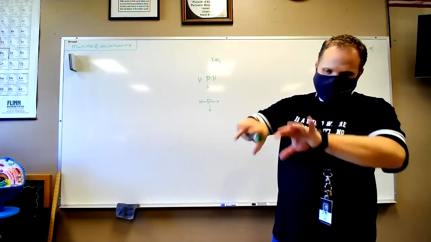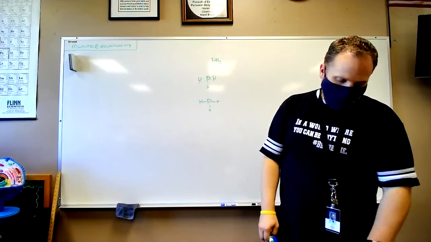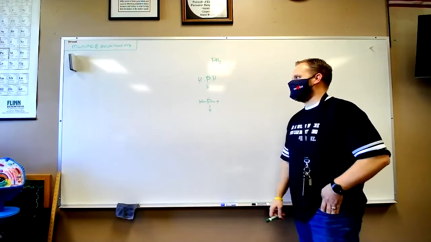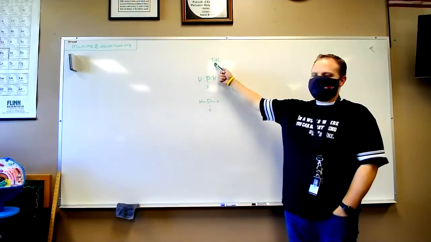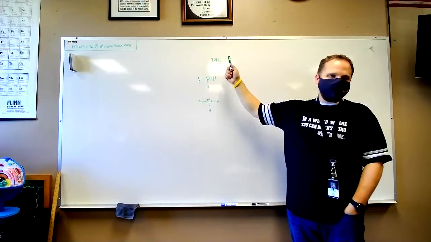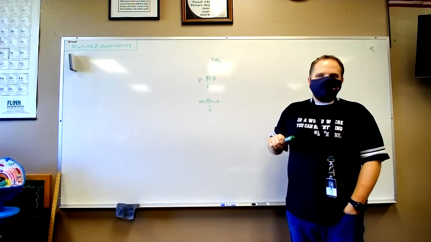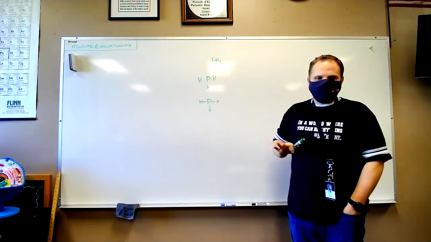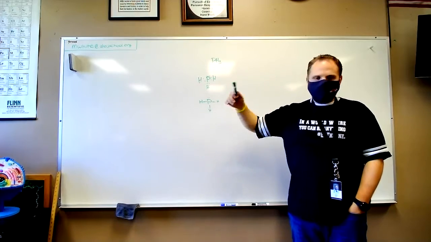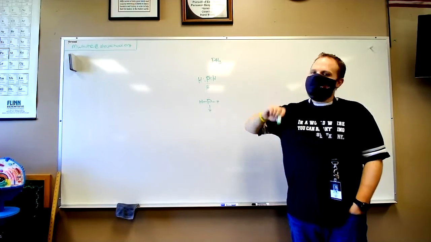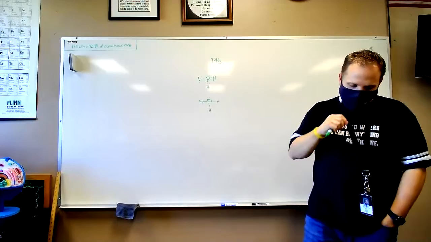And then everything else kind of goes around that. One trick, if there's only one thing with a bunch of hydrogens, that one thing is going to be in the middle. Okay? So if there's one thing with a bunch of hydrogen, the one thing will be in the middle.